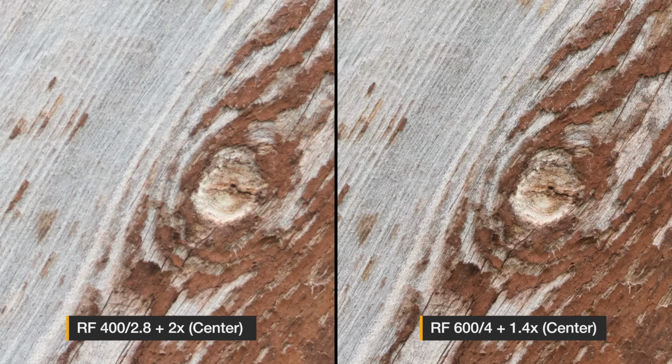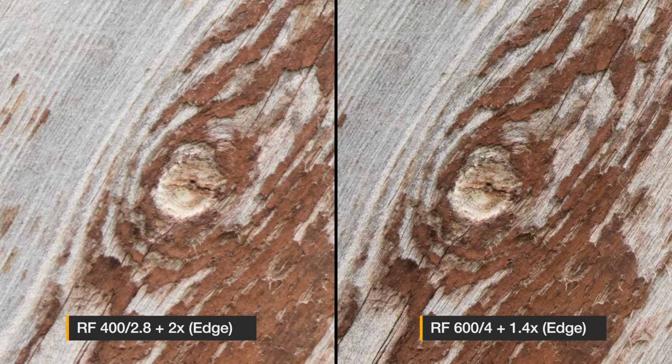The 600mm f4 with the 1.4 extender is still very sharp. I basically see almost no difference to the image before, and the image of the 400mm 2.8 with the 2x extender seems to get a bit softer. And once again, if we move to the edge of the frame, I feel like the differences are actually a bit smaller, which was not really what I was expecting.